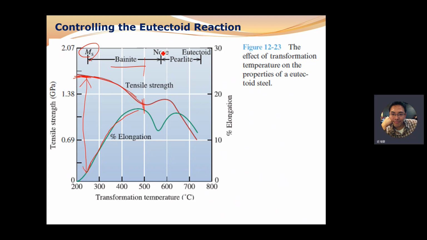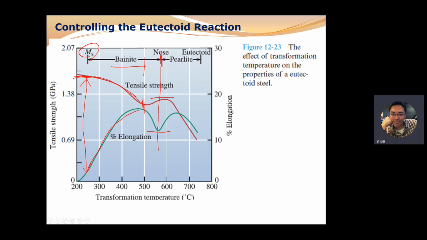With the nose of the bainite and the pearlite at this moment, we get the broad peak of UTS and the valley of the elongation.